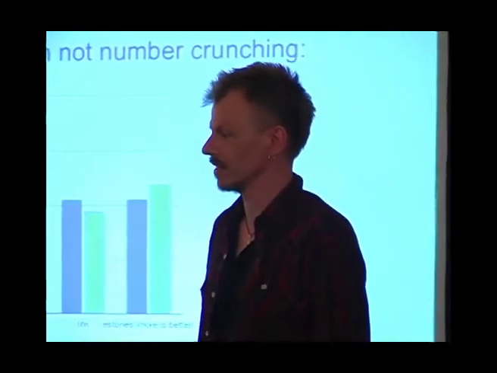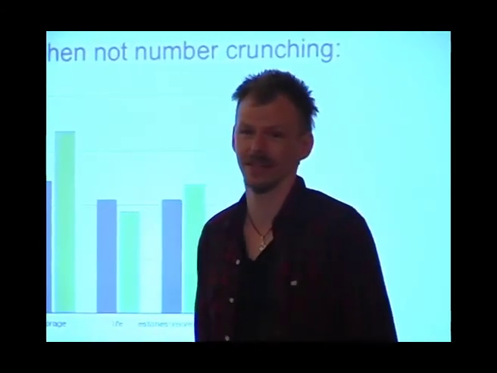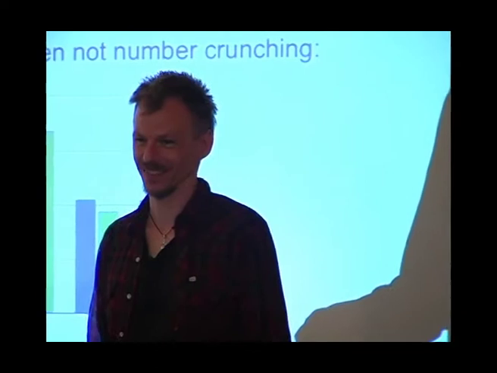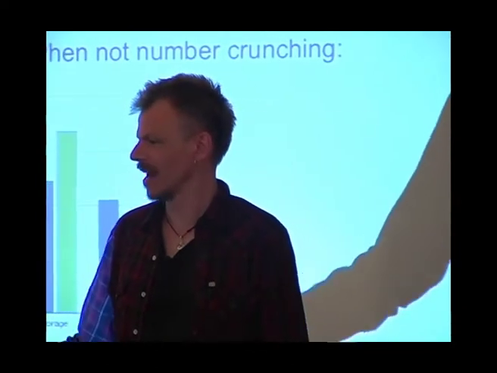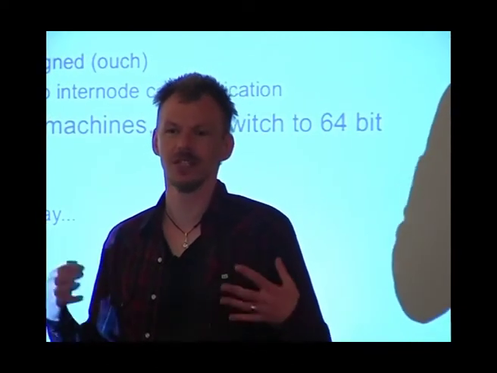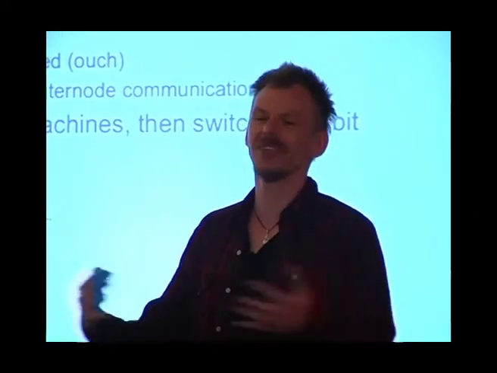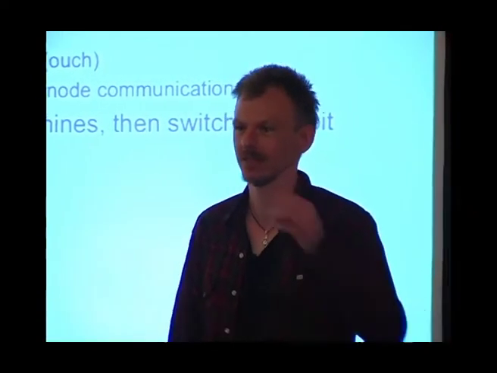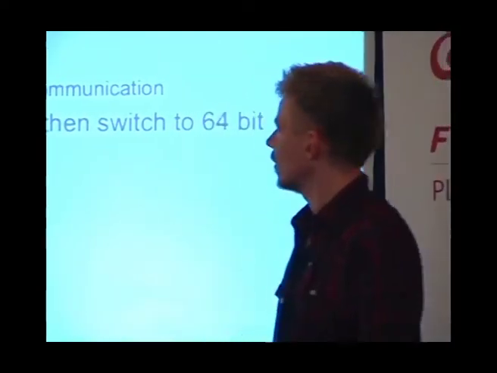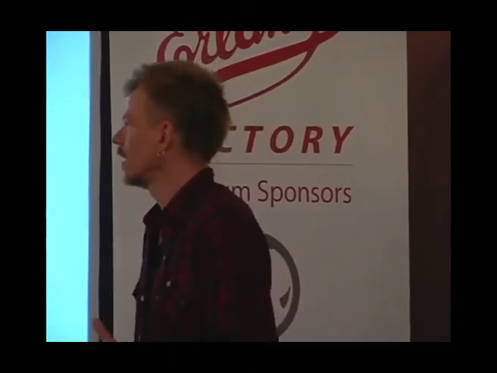So changing from a 32-bit to a 64-bit machine means losing performance, and that's probably not what you wanted. But you may have to do it anyway because you need the address space. The alternative is, of course, to stick to the 32-bit machine and rewrite your application so you split it over several nodes or something.